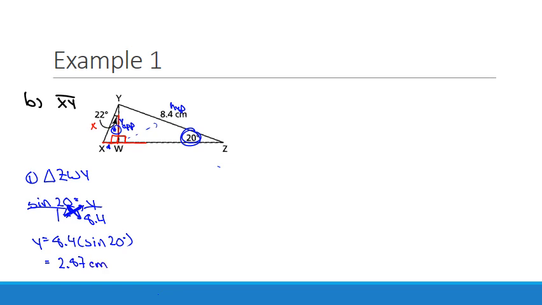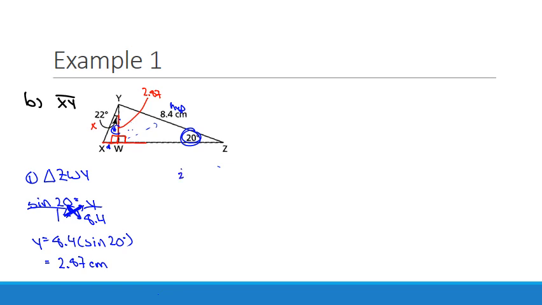So then I'm going to use that. Again, I'm going to get rid of some of that stuff. I'll use red. So this is 2.87.